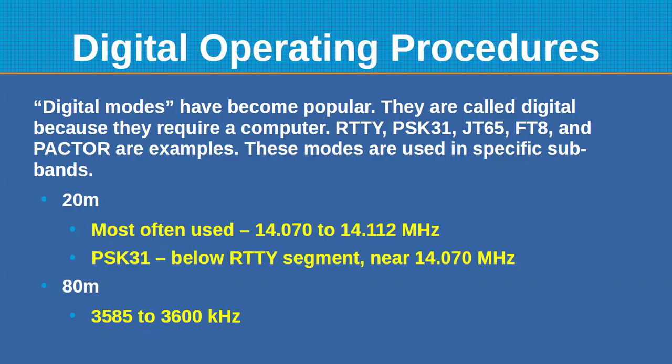What you actually do is set your transmit frequency to 14.074 on 20 meters, and you're transmitting upper sideband.